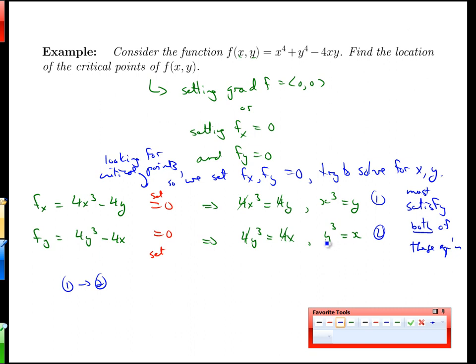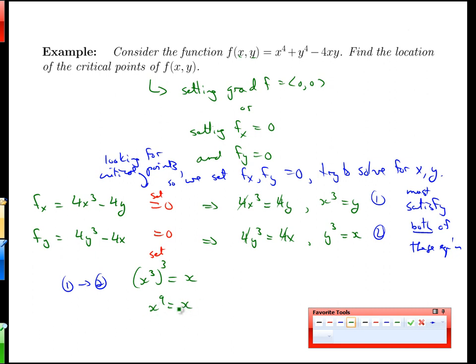Let's take 1 and put it into 2 here. Y is equal to x cubed. So what we have here is x cubed, all cubed, must equal x. So this y cubed here, we replace each y with an x cubed, and then we cube it. So we have x to the 9 equals x, or a few different ways to look at this.